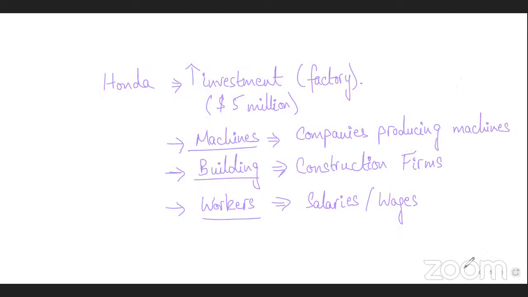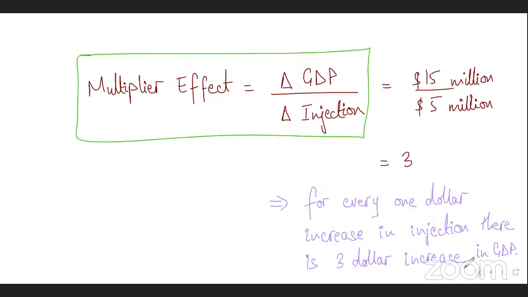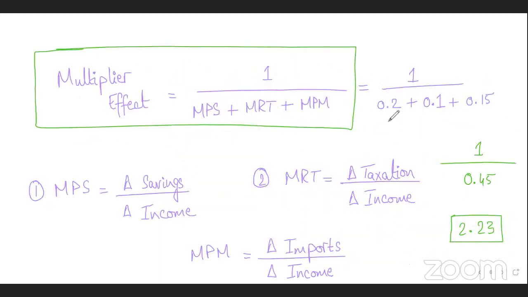Okay. Now, one thing I might add before we move on is that you have to look at the relationship. If the leakages in the economy are decreasing, for whatever reasons, overall your multiplier effect will increase. How so? Let me show you.